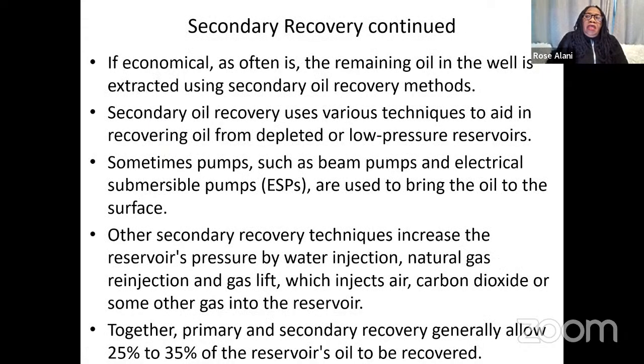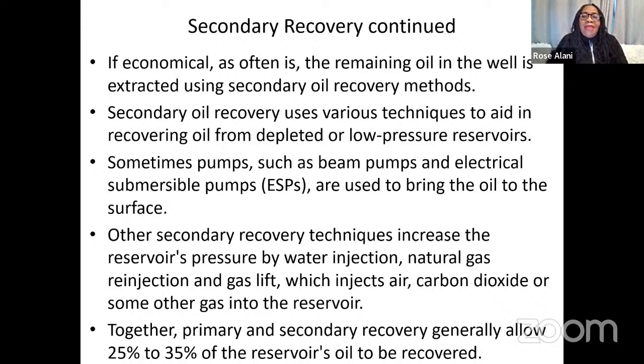So if the secondary recovery method is economical, and most often it's always economical, the remaining oil in the well is extracted using the secondary oil recovery method. And this method uses some techniques that will aid the oil and build pressure inside the well to help bring up the oil from the reservoir.